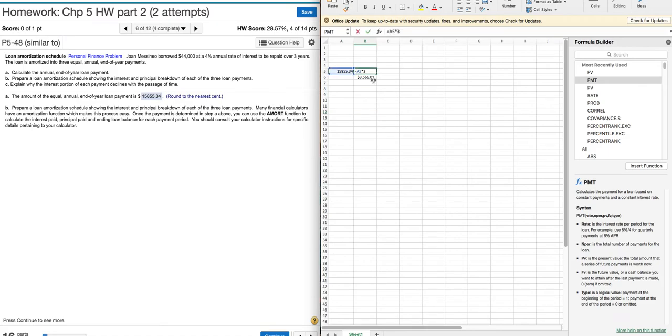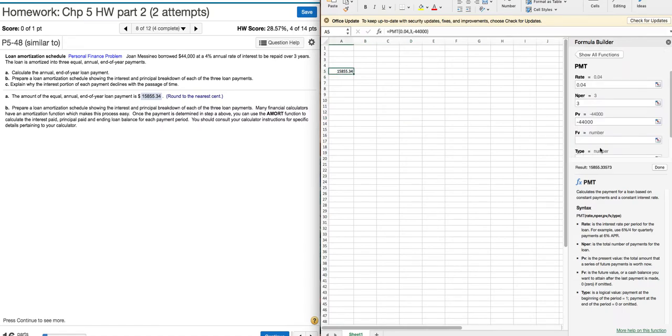An additional thing that's good practice is to consider what if this loan was paid with monthly installments as opposed to annual payments? Then we would simply adjust the rate and the number of periods.